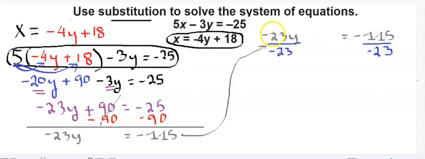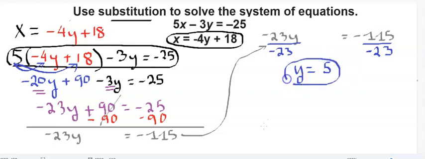Negative 23 divided by negative 23 is 1y, so bring down the y. Y is by itself. Y equals, a negative divided by a negative gives you a positive, and 115 divided by 23 gives you 5.